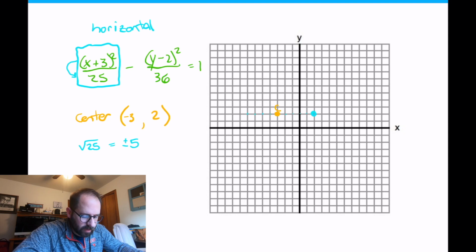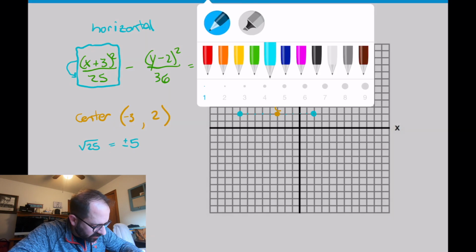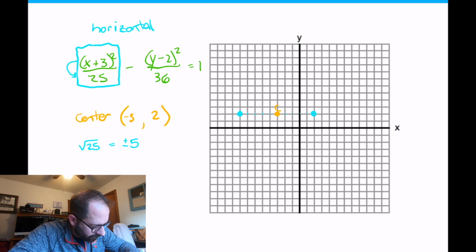Okay. And now the next part is you have to figure out where the asymptotes go. You know, where the undefined boundary are, so I can figure out how to draw the satellite dishes, right? The actual branches, if you will, where you draw the actual hyperbolas. So the asymptotes. This is where you're going to use a generic formula for a line.